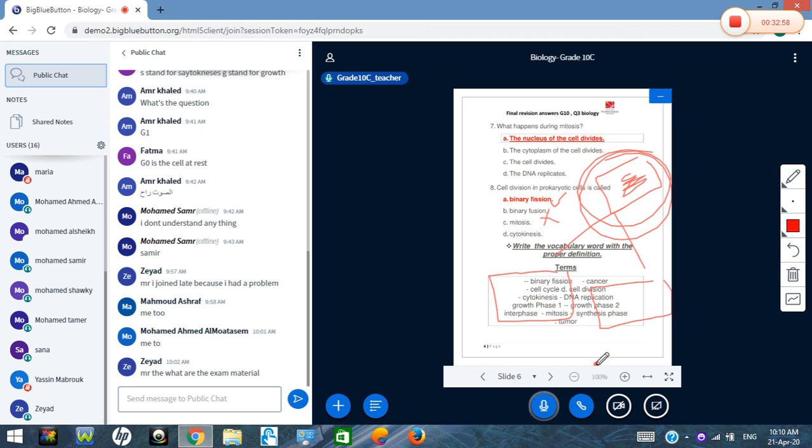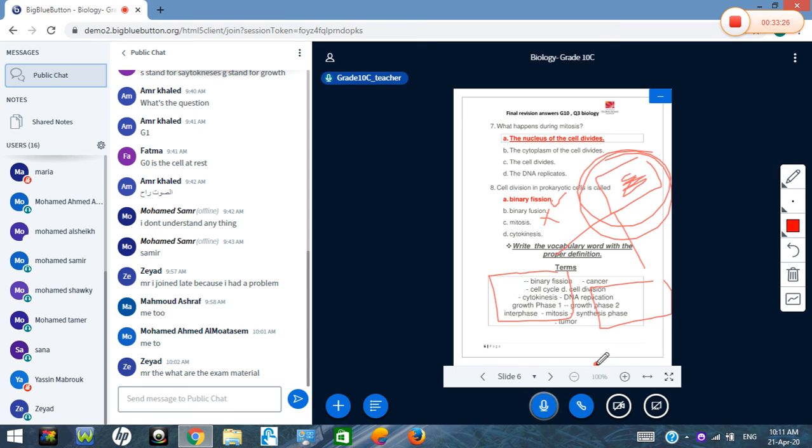Growth phase 1, or G1, means the first step of interphase. During it, the cell increases in size and synthesizes amino acids, and some organelles are made.